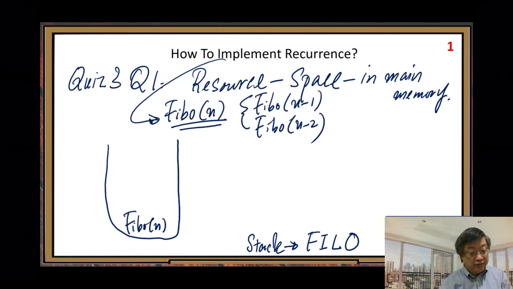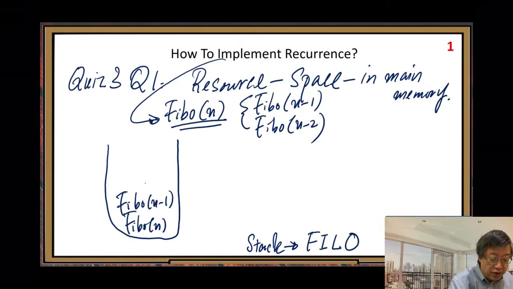So next, Fibo of n minus 1, still unknown. Push it to the stack for temporary storage, and so on, Fibo of 2 and so on. Push it in, because only when you know the value of the current Fibonacci number can you use it to do processing, to do calculation. That is the idea.